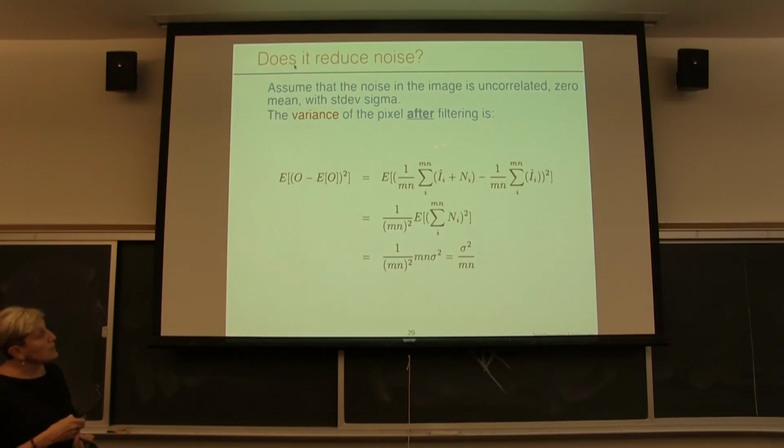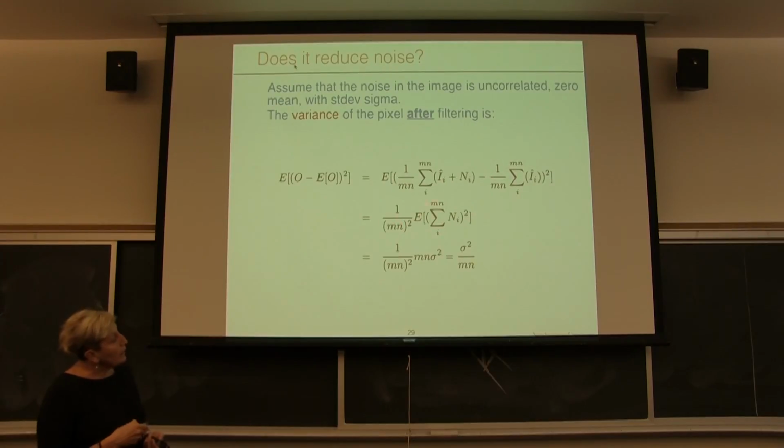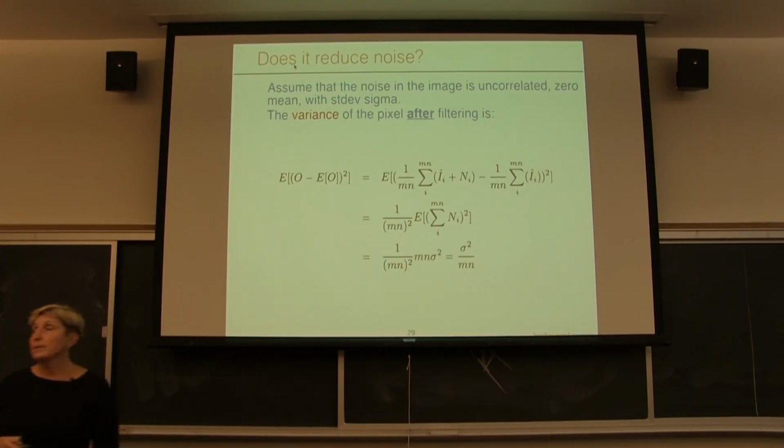So again, replacing. The output is the sum of the elements in the neighborhood divided by the number. So this is the additive noise model. The expected value of O, we saw that it was the average of the neighborhood, so we square that up. And when we expand this square, what we end up having is that I only have these sums of n_i squares.